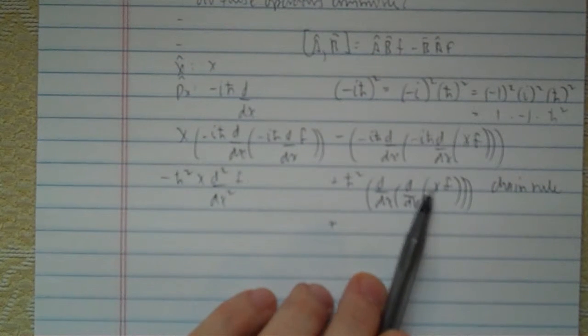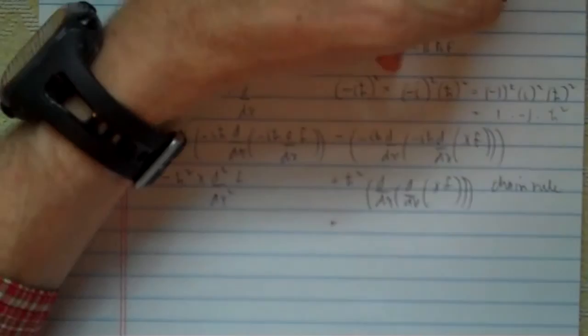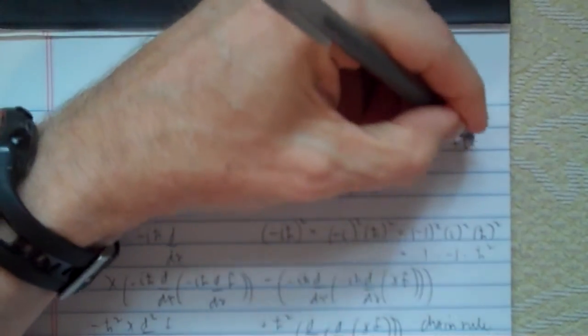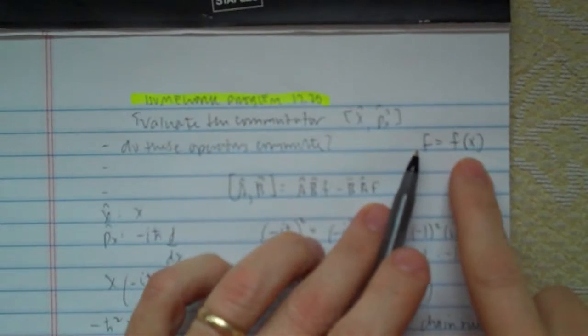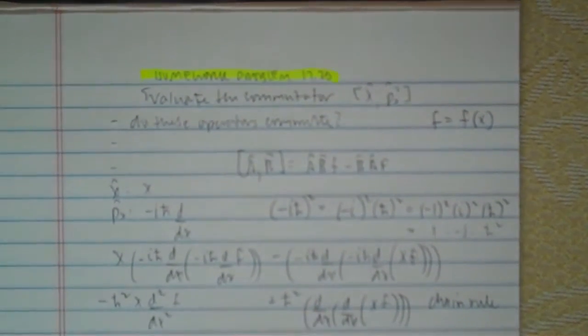One is just x, and the other one is f of x, which I leave as f. I've said that in class several times, that f is going to be f of x. The reason I'm leaving it off there is for simplicity's sake, okay?